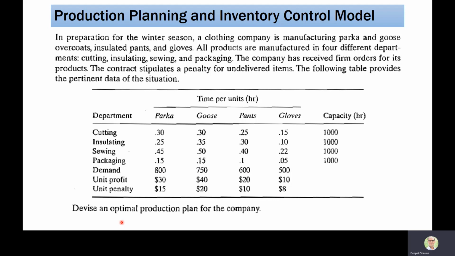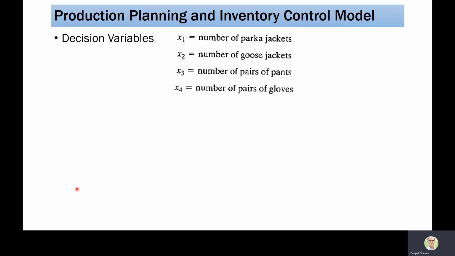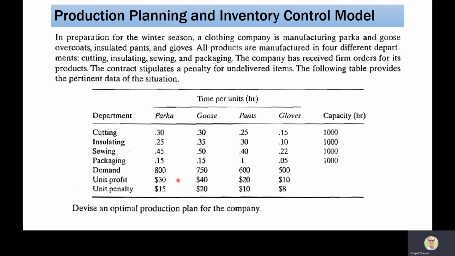So here, to make a production plan, profit is given, unit penalty is given. First of all, we have to decide what our objective function should be. The objective function will be how much we are gaining and how much we are losing from the penalty. So we can say that X1 amount of Parka overcoats we are selling.